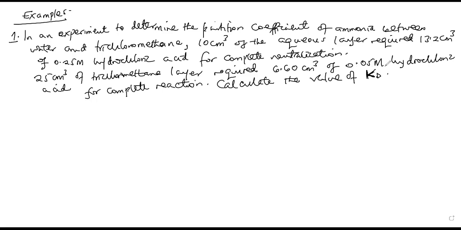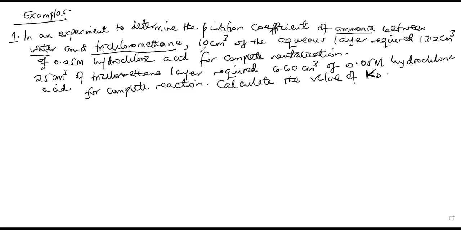Now, they have given us a set of procedure in an experiment to determine the partition coefficient of ammonia between water and trichloromethane. So when writing your formula, we'll say concentration of ammonia in water over concentration of ammonia in trichloromethane, because they have mentioned water first.